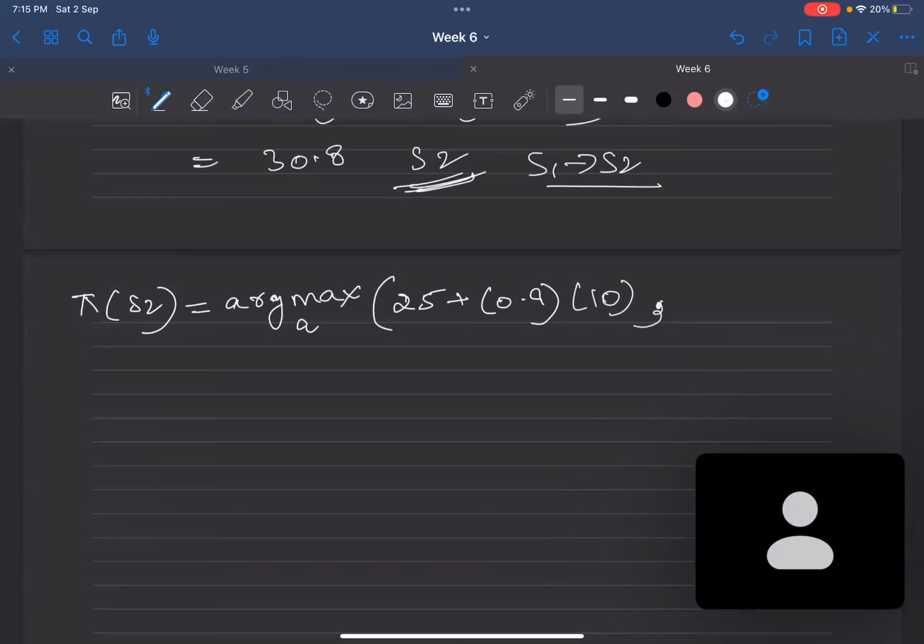Then S2 to S2, what is the reward? 12, plus 0.9 into V of S2, which is 12.